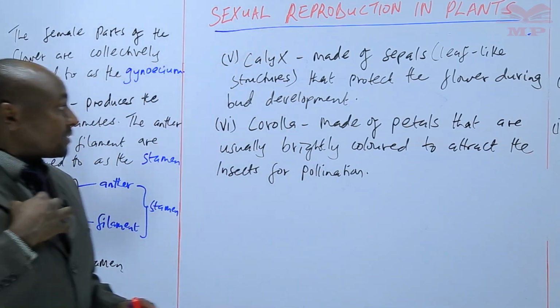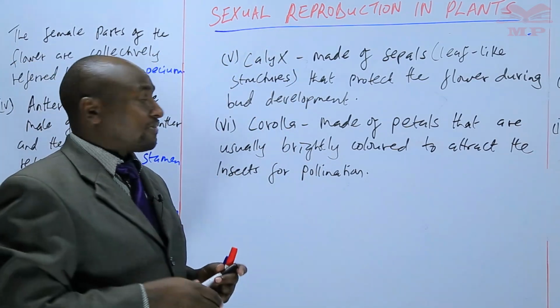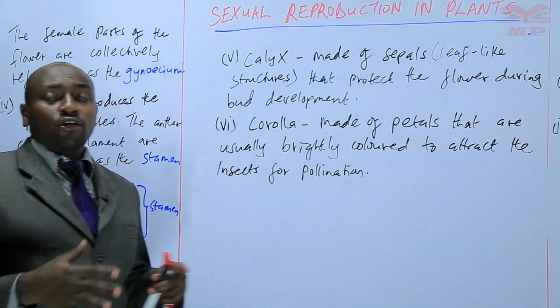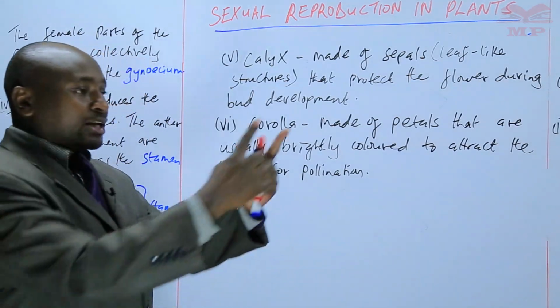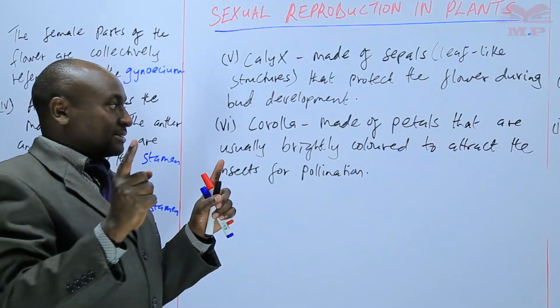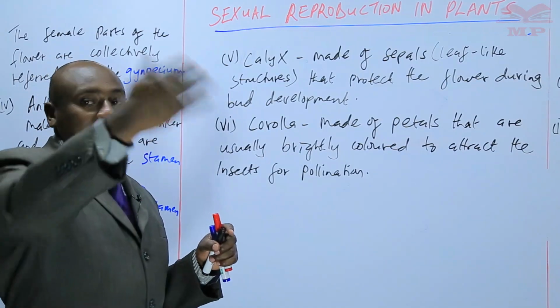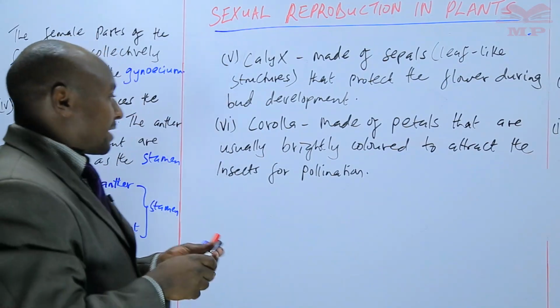Now, in some cases, you may find that the corolla may be made of petals that are fused together, or petals that are small and separate.